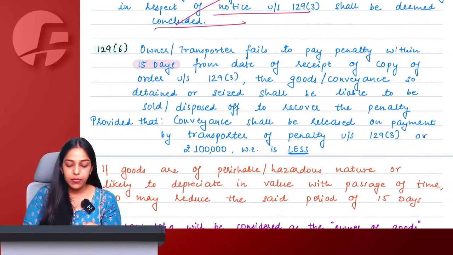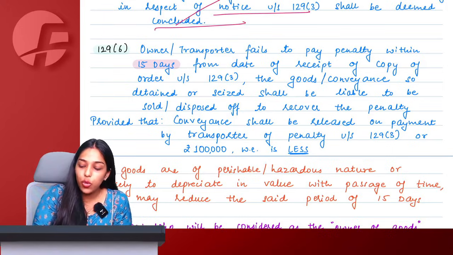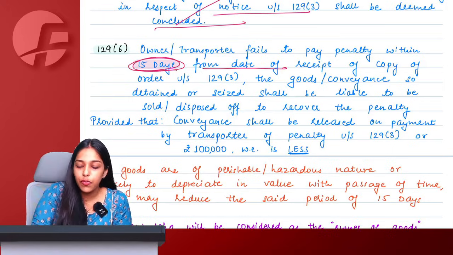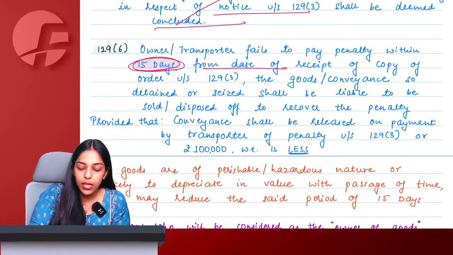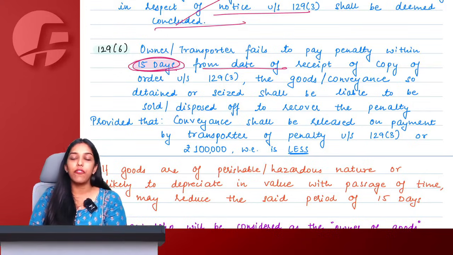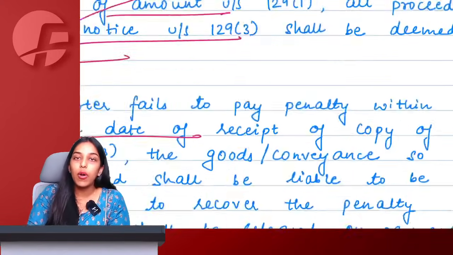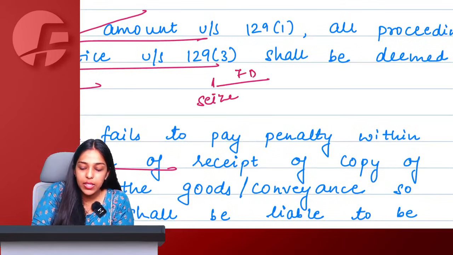Okay, ma'am. Now, what we are saying is the owner or transporter fails to pay the penalty within 15 days from the date of receipt of a copy of the order. Then in that case, the goods or conveyance so detained or seized shall be liable to be sold or disposed of to recover the penalty. See, today seizure is done. From seizure, within 7 days, notice is given to you.